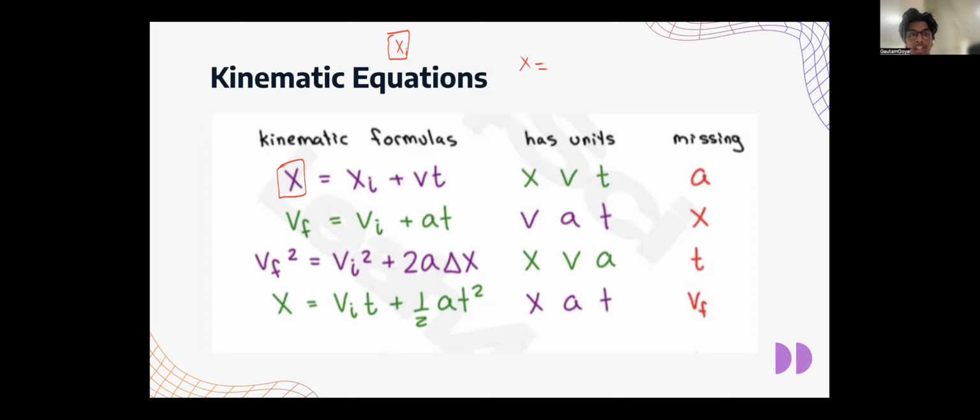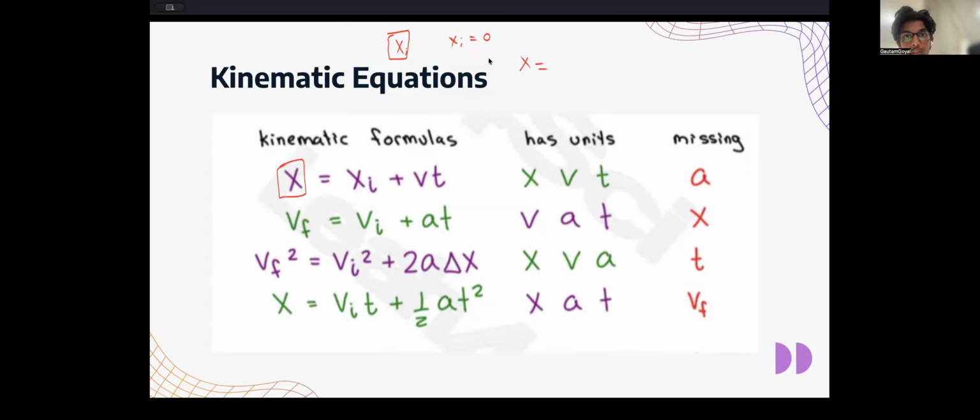With the example I used earlier, if Bob starts at 0 meters, x initial would be equal to 0. This first equation is used to find out where Bob would end up, how many meters away. Do you guys kind of get that?